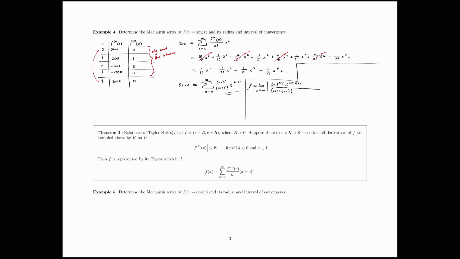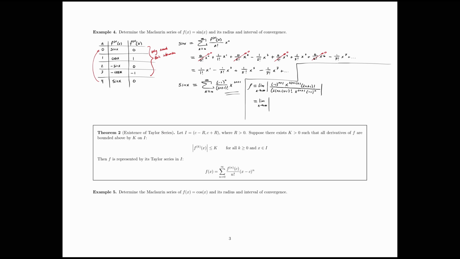Divided by a sub n, so this would be 2n plus 1 factorial, x to the 2n plus 1, negative 1 to the n. Absolute values. So you've got a little bit of simplification to do here.